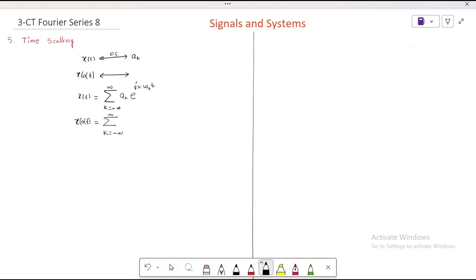So this is a constant. You should remember the angular frequency omega naught equals 2 pi by T, so these two are constants.